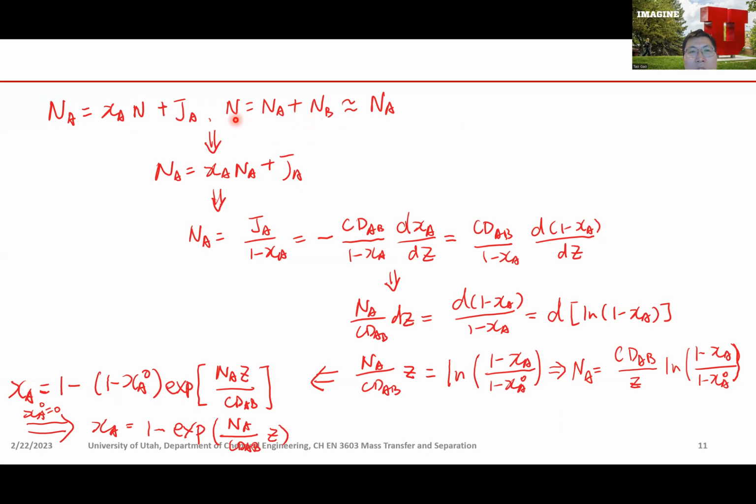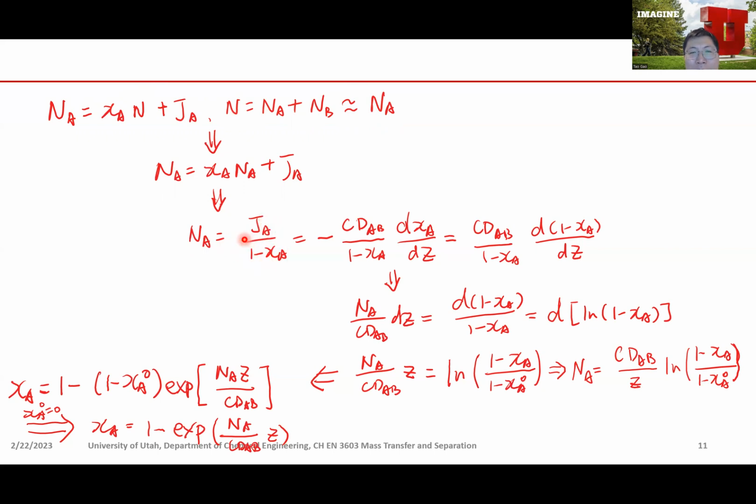That means the total flux of A plus B is basically equal to the flux of A, right? So then if we plug this back into this equation, which gives us this, and then if we move this XA NA term to the left, that gives us NA equals JA divided by 1 minus XA, right?